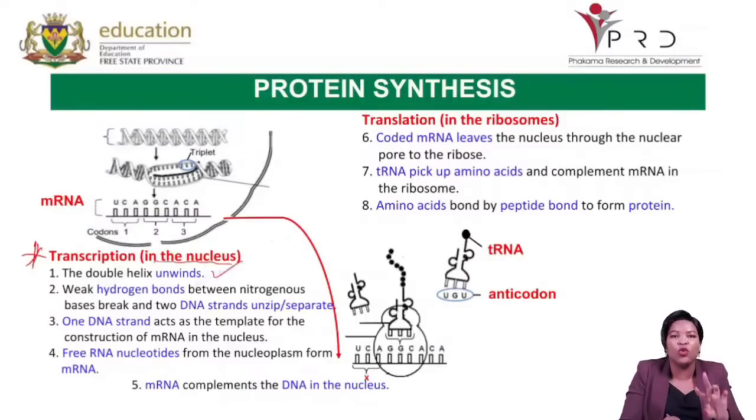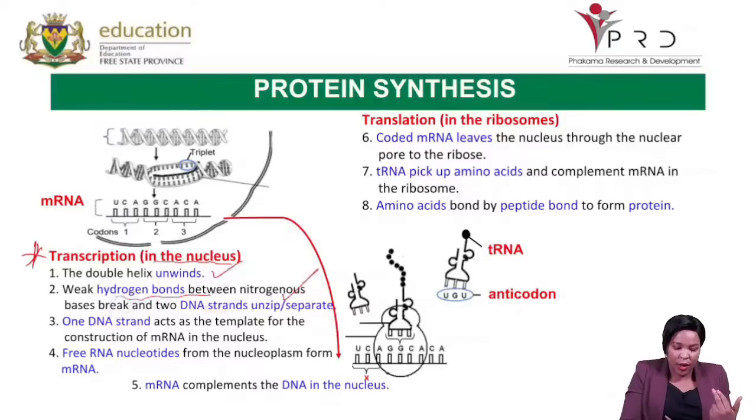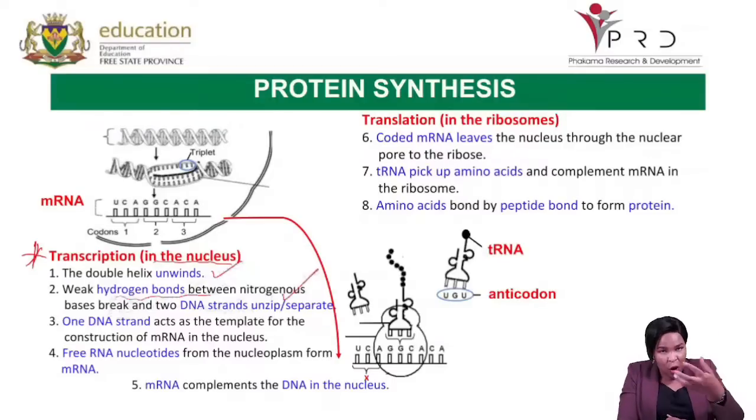So it is going to unwind, and the weak hydrogen bonds between them are going to break and the 2 strands unzip. You get a mark for that. So these are the 2 or 3 marks that we've spoken about in DNA replication. You can still obtain those marks here with protein synthesis.